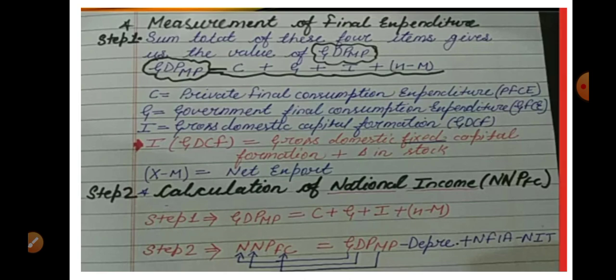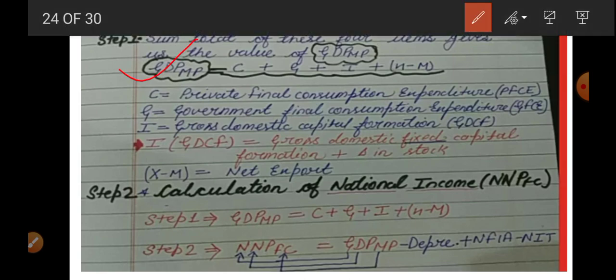Okay, so how are we going to calculate national income by using the expenditure method? In step 1, using the basic equation of the expenditure method, we get GDP MP. And what is the basic equation? C plus G plus I plus X minus M. C means private final consumption expenditure done by household sector and non-profit institutions. G is government final consumption expenditure for producing public amenities, defense.